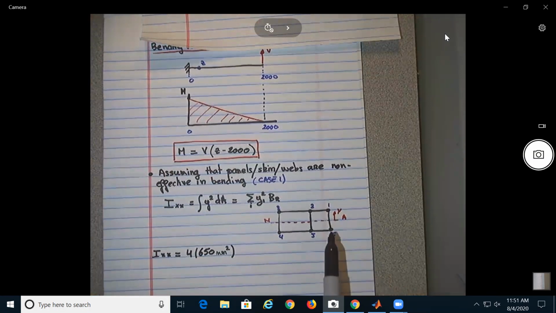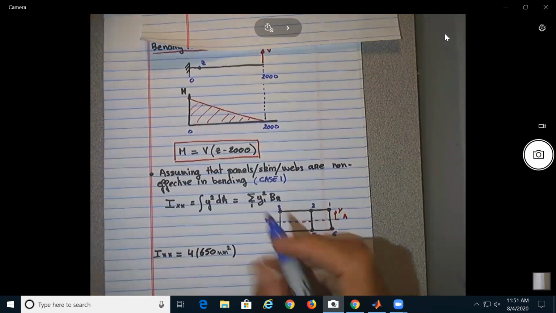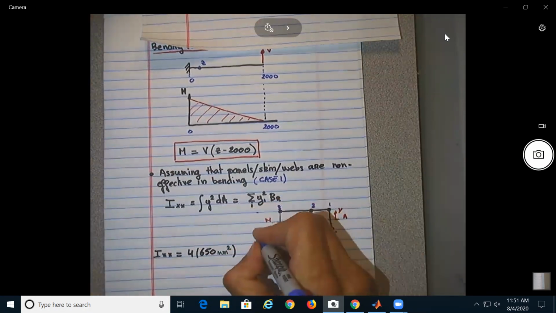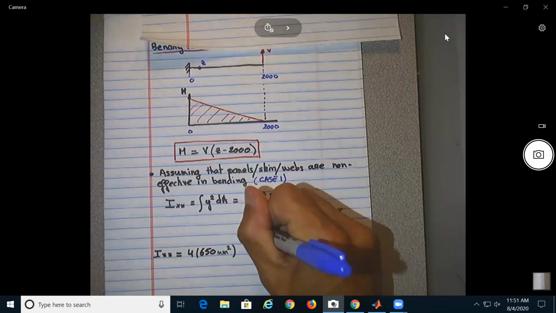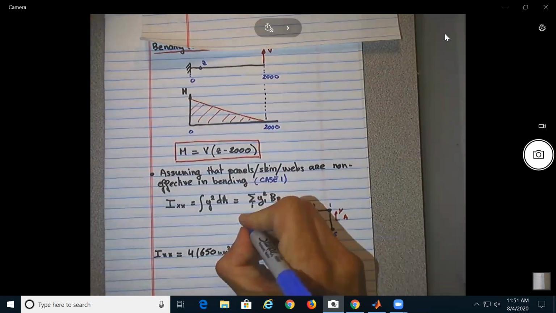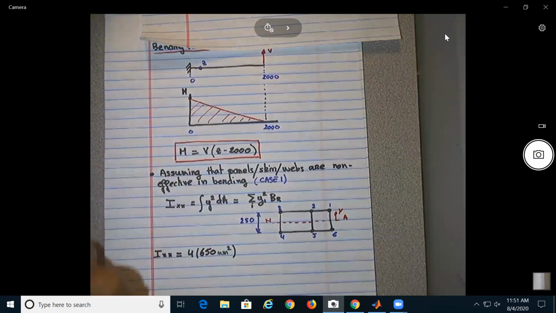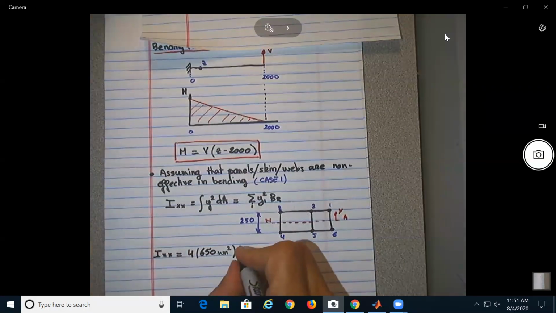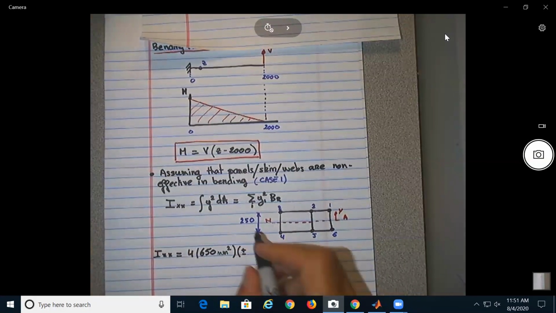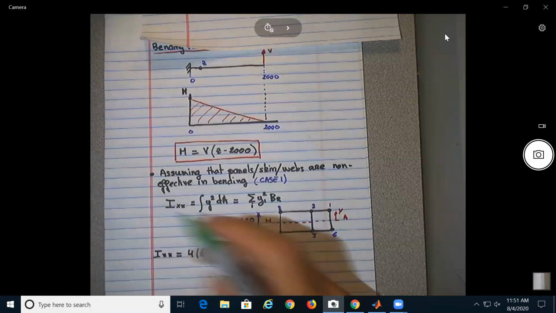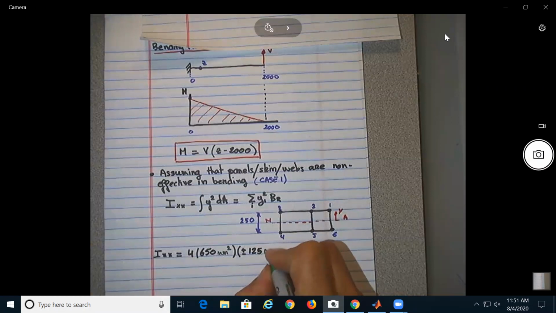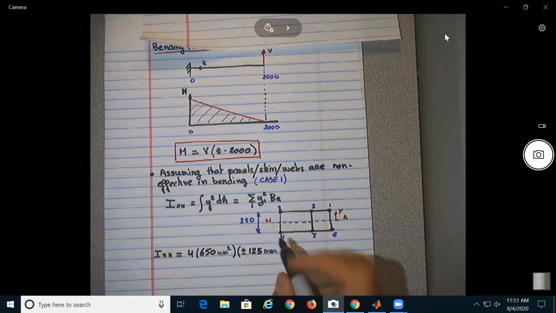So that distance to the natural axis will be what? The height is 250. So this should be either plus or minus 250 divided by 2, which is 125 millimeter, squared.